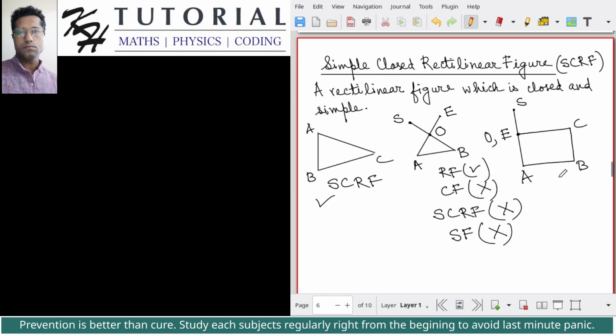So this is definitely not a simple figure. And is this a closed figure? No, this is not a closed figure because the starting and end points are different.